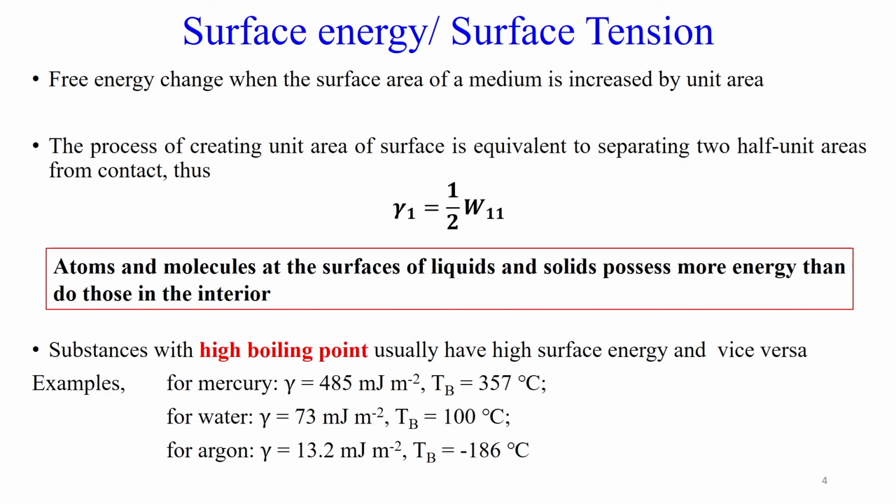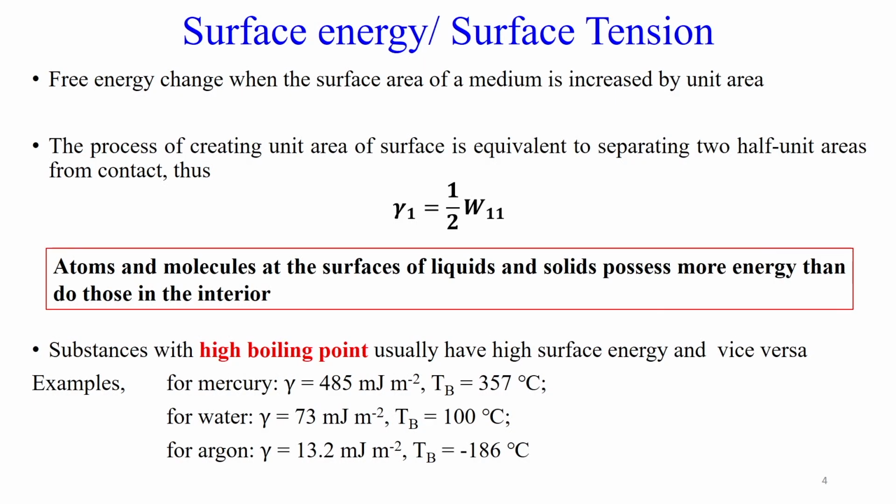From the work of adhesion, now we will define how we relate this to the surface energy or the surface tension, because this change is taking place at the interface. The free energy change when the surface area of a medium is increased by the unit area. Now, the process of creating unit area is equivalent to, in the reverse way, separating two half unit areas.